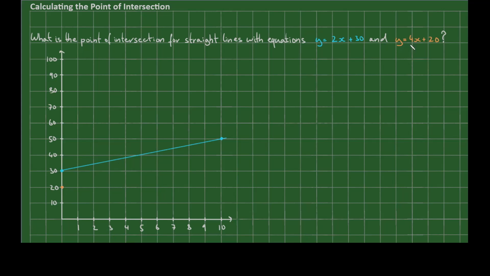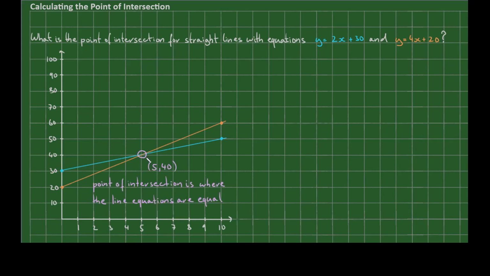So for the orange equation, we would have y equals 4 multiplied by 10, which is 40, plus 20, which is 60. Therefore, my second point is at 10, 60. I have 2 points, I can connect them with a straight line. And here we have the line for the orange equation. The point of intersection happens to be here, at 5, 40.